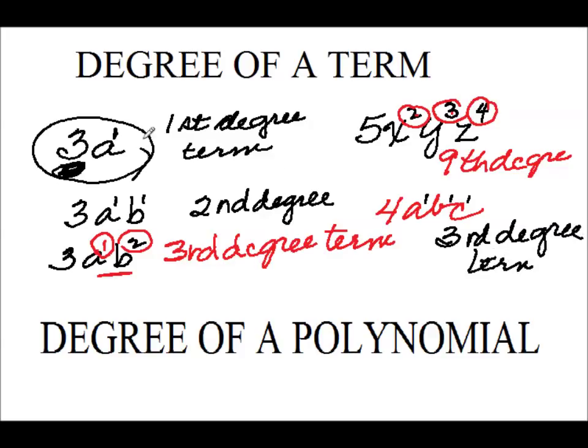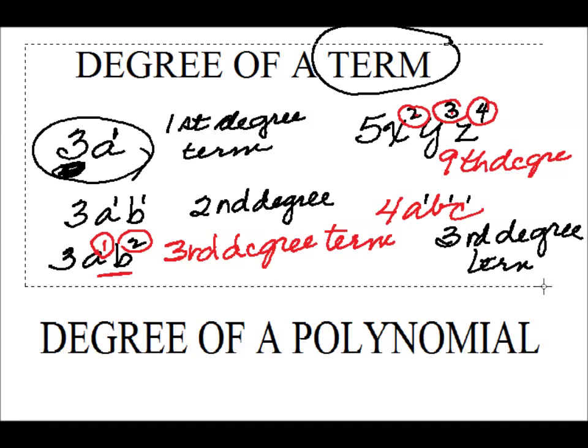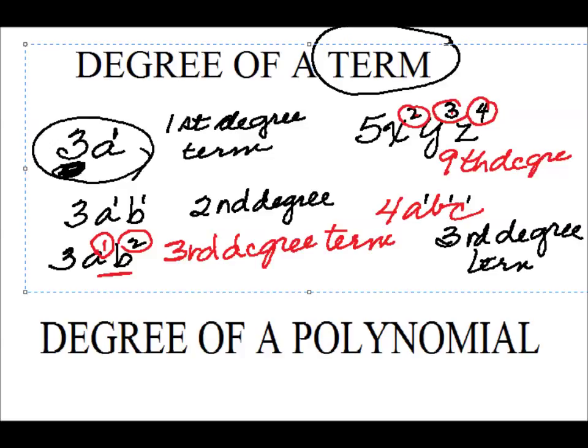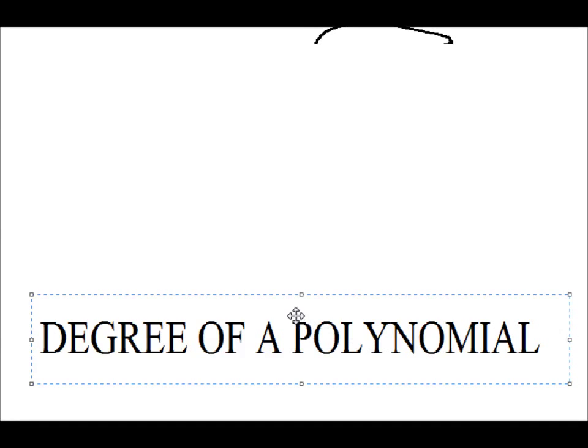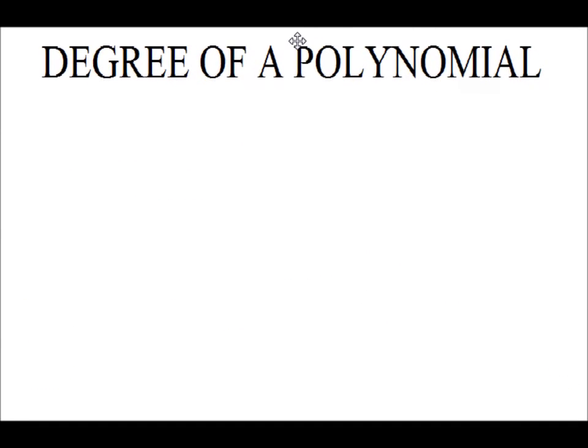Now we've just looked at individual terms to find the degree of a term. Now I'm going to delete all this and talk about the degree of the whole polynomial, because we've got something else going on here. Let's bring this up and start talking about the degree of a polynomial.